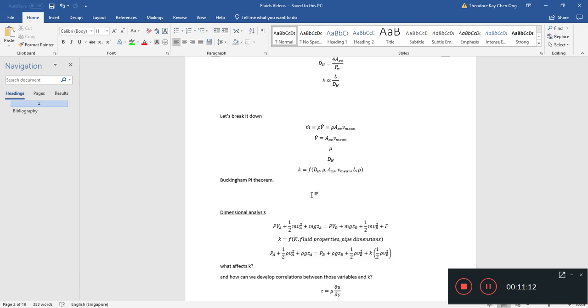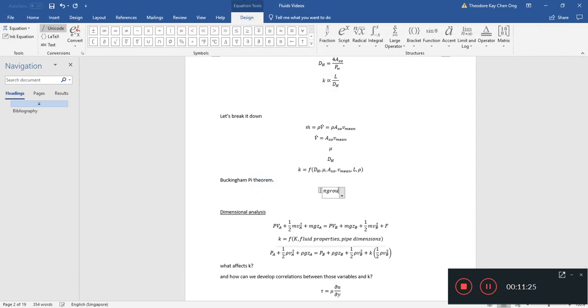Okay, it may seem very complicated, but let's break it down again. These pi groups, why he calls it pi groups, these are the dimensionless groups or ratios that we were talking about earlier.